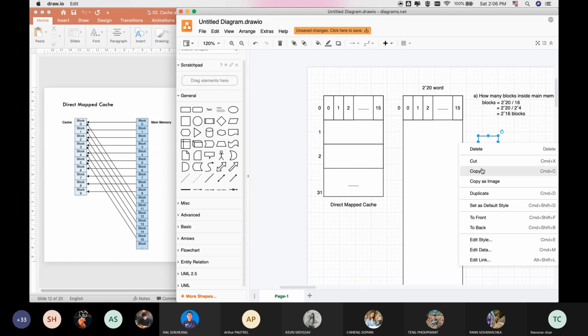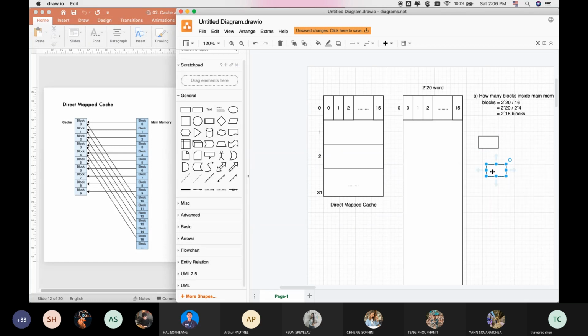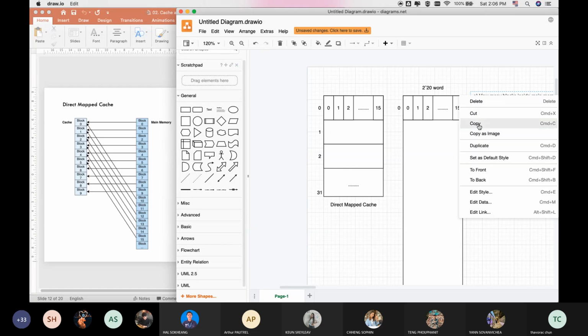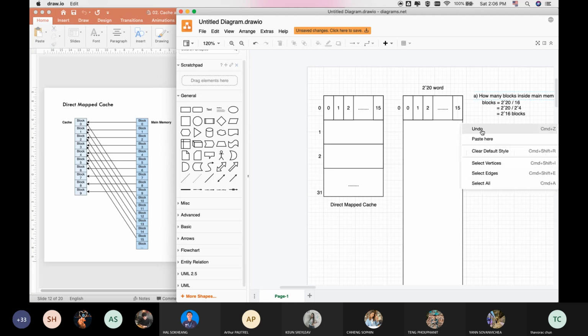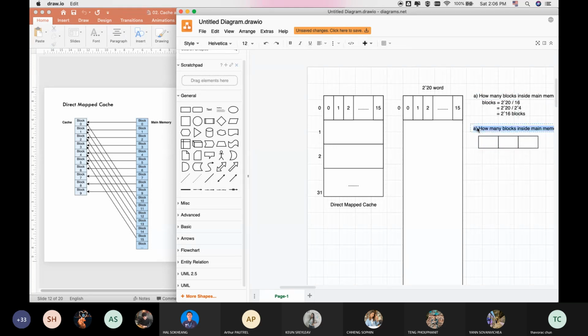One is the tag, the next is the block, and the last one is the word. So here is question B.